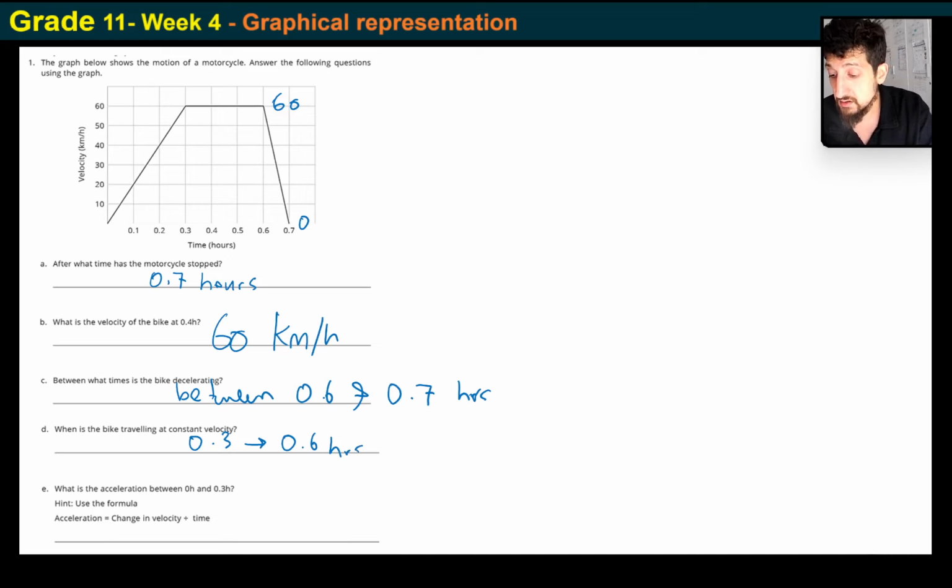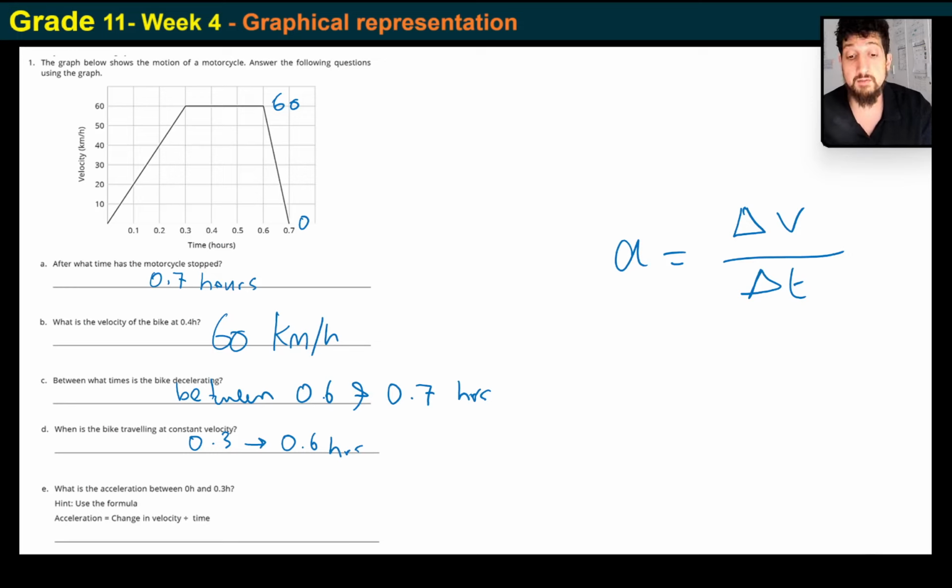What is the acceleration between 0 and 0.3? Use the formula. Change in velocity over time. We already did this. You guys are geniuses at this already. Change in velocity over change in time. That's also acceptable, change in time or whatever you want. So it's going to be 0 to 0.3. So they want this section.